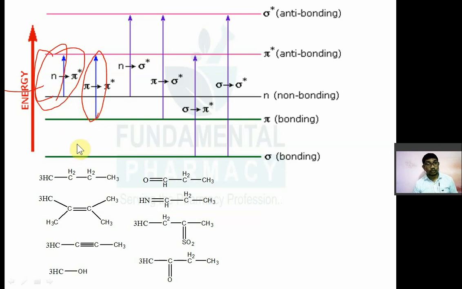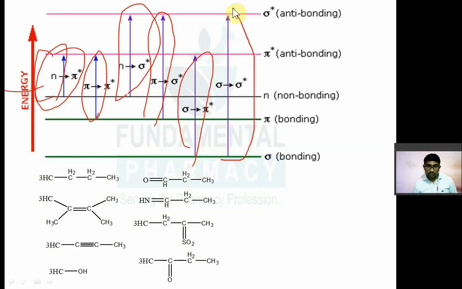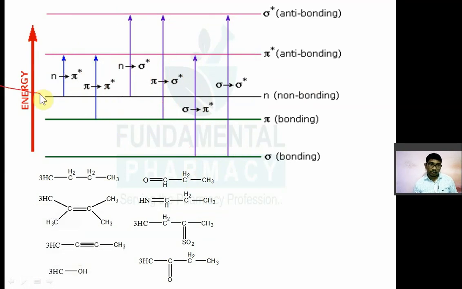Now n to sigma star requires more energy than pi to pi star. Then pi to sigma star requires more energy again. Then sigma to pi star, and the highest energy is required for sigma to sigma star transition. Here you have to remember how much energy is needed for which transition. So remember: lowest energy is required for n to pi star, after that pi to pi star, after that pi to sigma star, after that sigma to sigma star. Just remember these four transitions, the rest are useless.